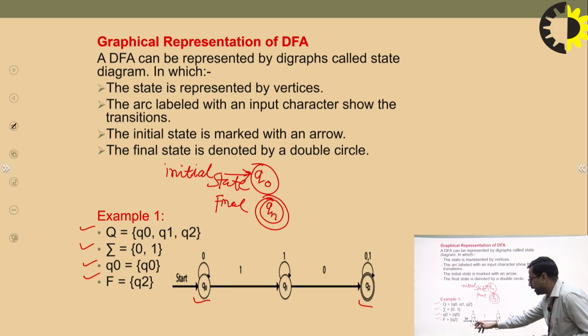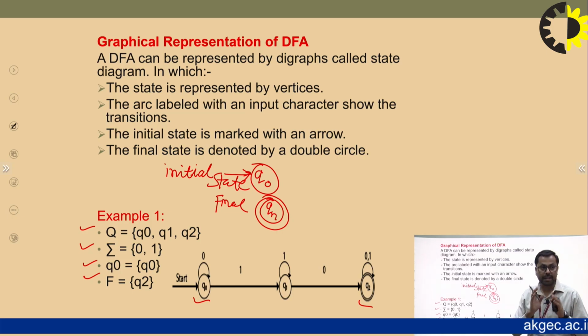Likewise, in the case of Q naught, we apply 0 and 1. Here in Q1 we apply 1 and 0. Here in state Q2 we also apply 0 and 1. That means at each state we apply all the input symbols that are used in that DFA.